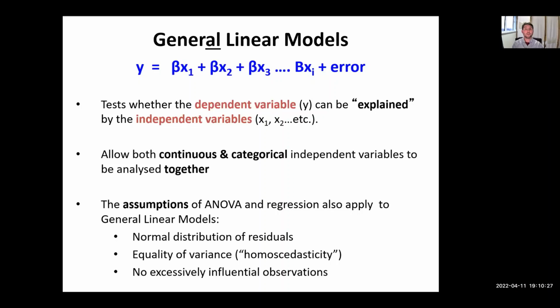assumptions that we need to meet is that there are no excessively influential observations. Now, if we were measuring something such as temperature, and most of ours were in the range of 0 degrees to 30 degrees, and then we found out that there was one that was 100 degrees, the model would try and fit that into the model structure as best as possible.